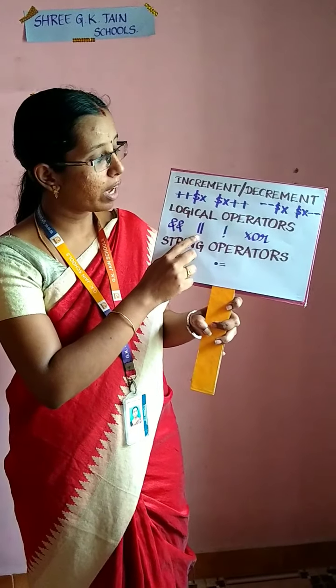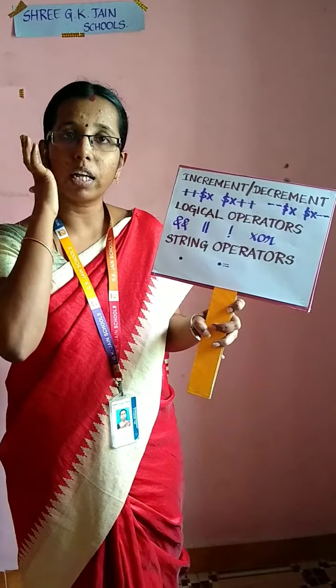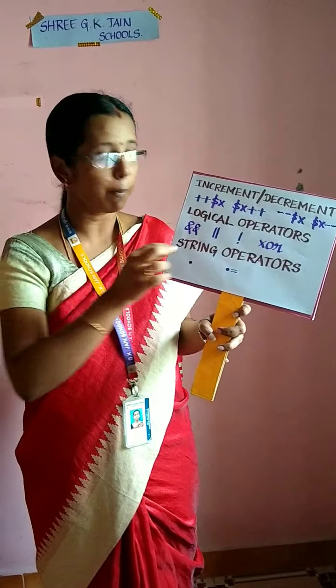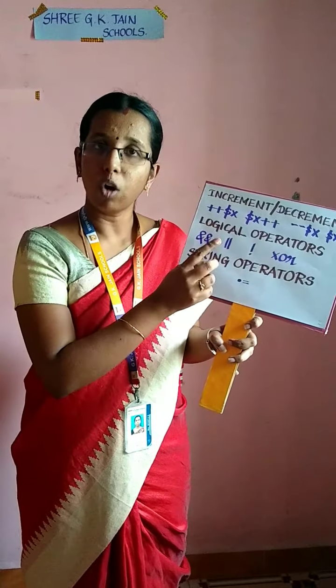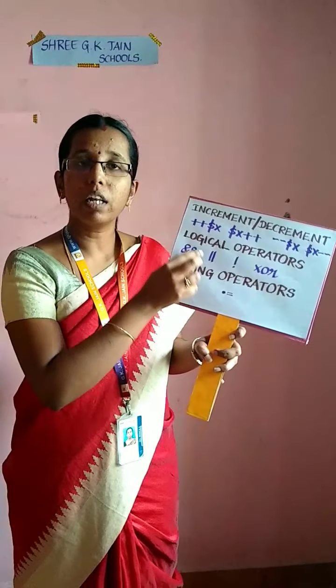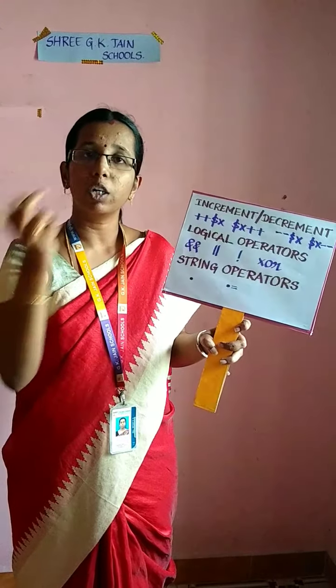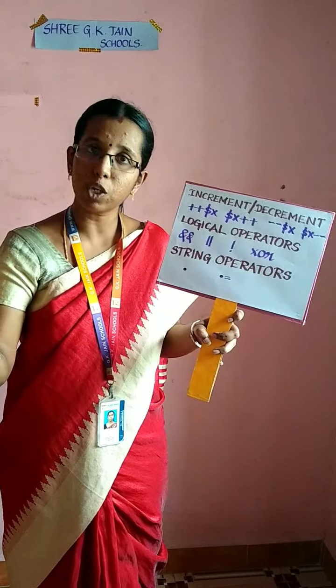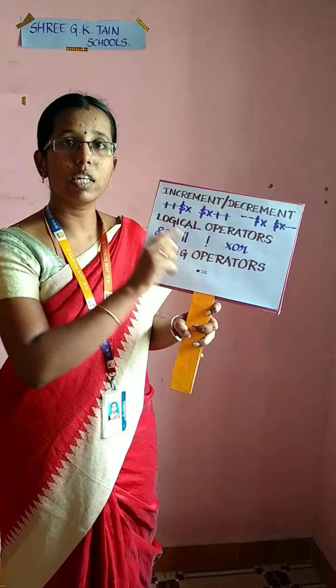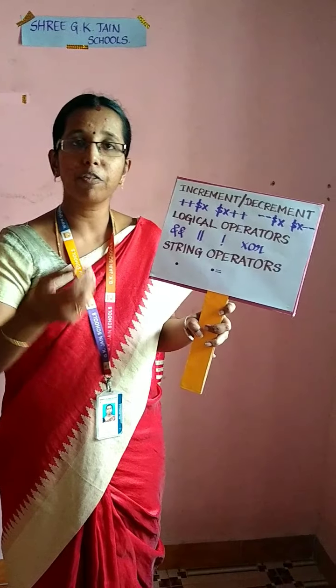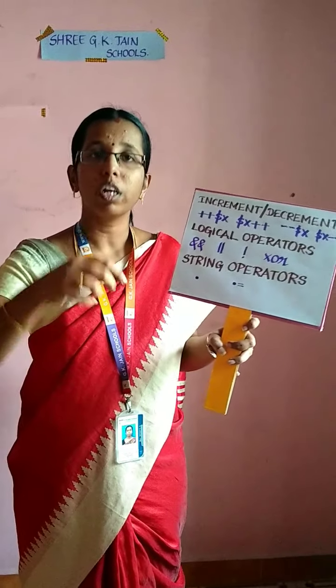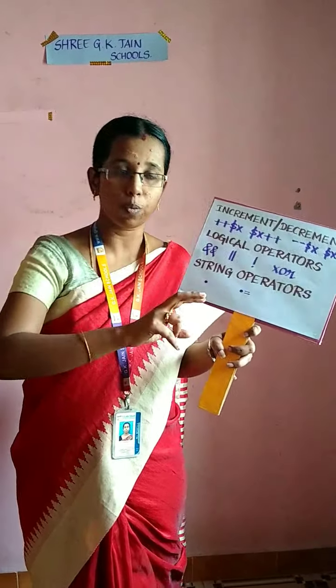Same way, if I am giving $x or $y, I am passing OR operator in between. It will give you the output true if either any one of the $x or $y value is true. And NOT is just an inverse of your input. If you are giving input as true, your output will be false and vice versa.